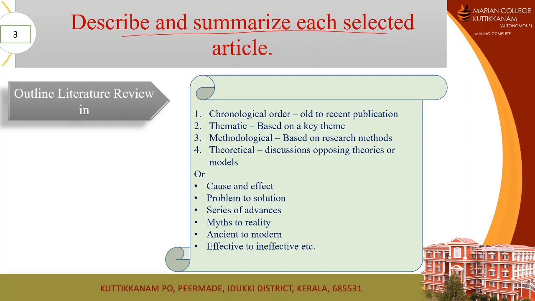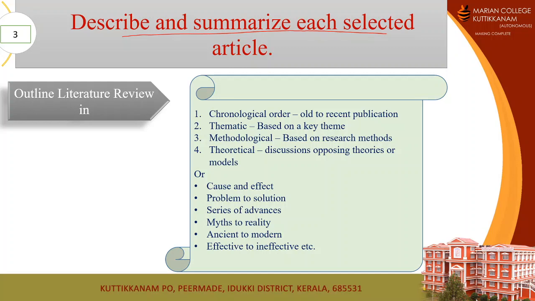For our project work or research work, we may review a number of articles. It may be 10, 20, 30 or more. The first question that comes to your mind is, how can I arrange these 30 articles in my project work? You can arrange them in different ways.